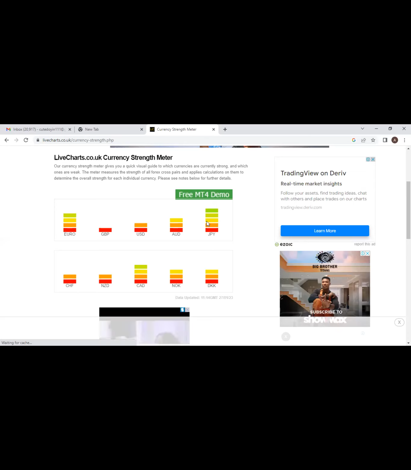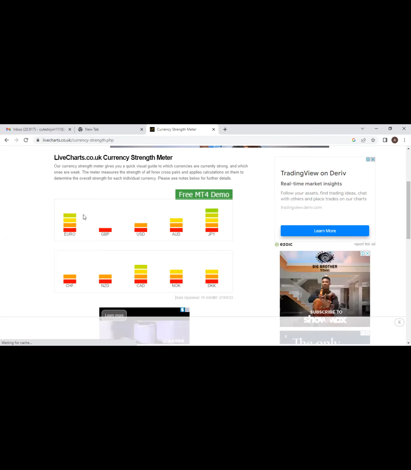Let's just write it first, please. When using the currency strength, let there be at least 3 bars difference between the base and the quotes.